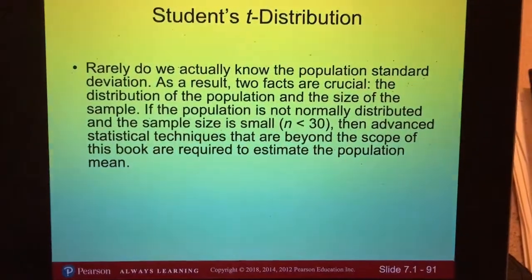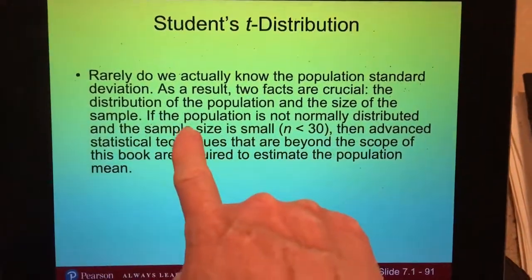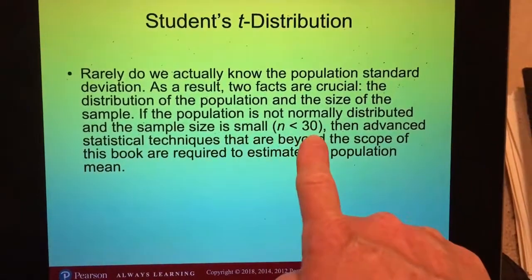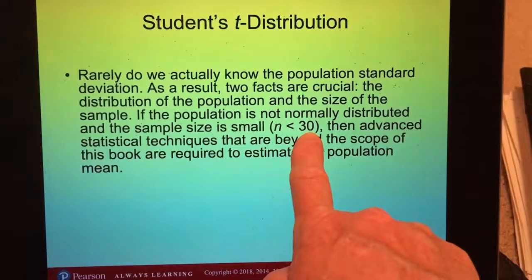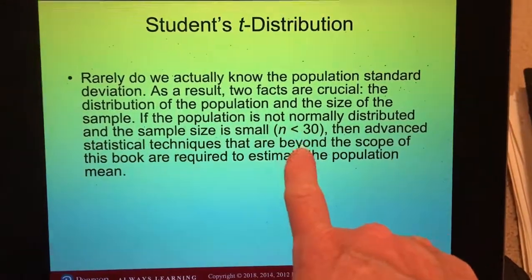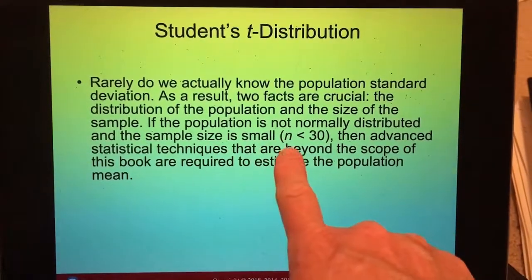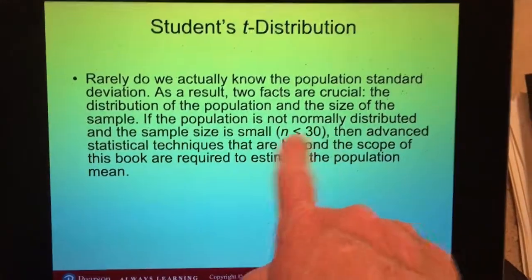So therefore, if we do not have the population normally distributed and the sample size is not greater than or equal to 30, we cannot use the standard normal. We can't even use the T distribution if we don't have that.